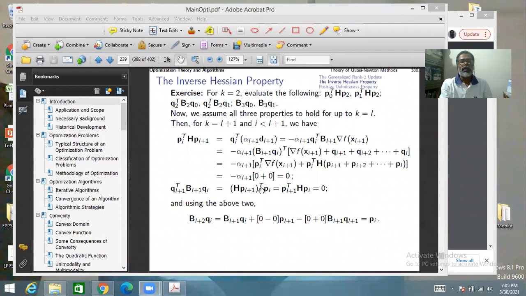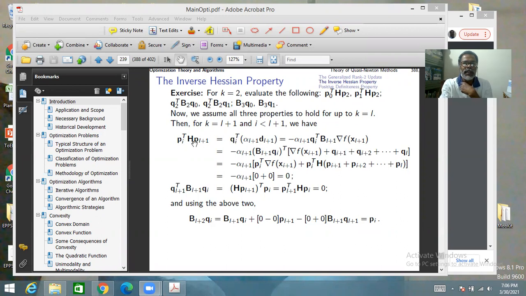Well, so the first conjugacy property, Pi transpose H PL plus 1. Because now we are trying to check it for k equal to L plus 1. So check these steps a little carefully. H times Pi is Qi.